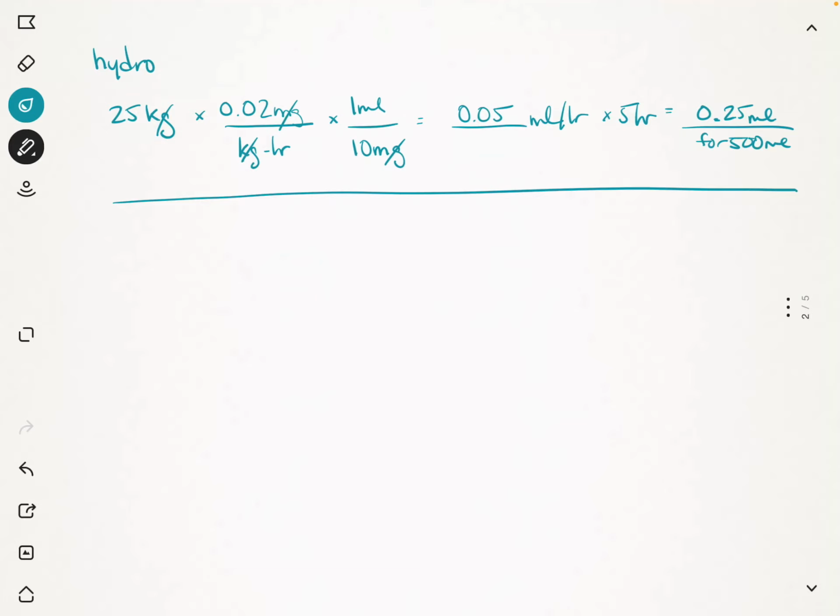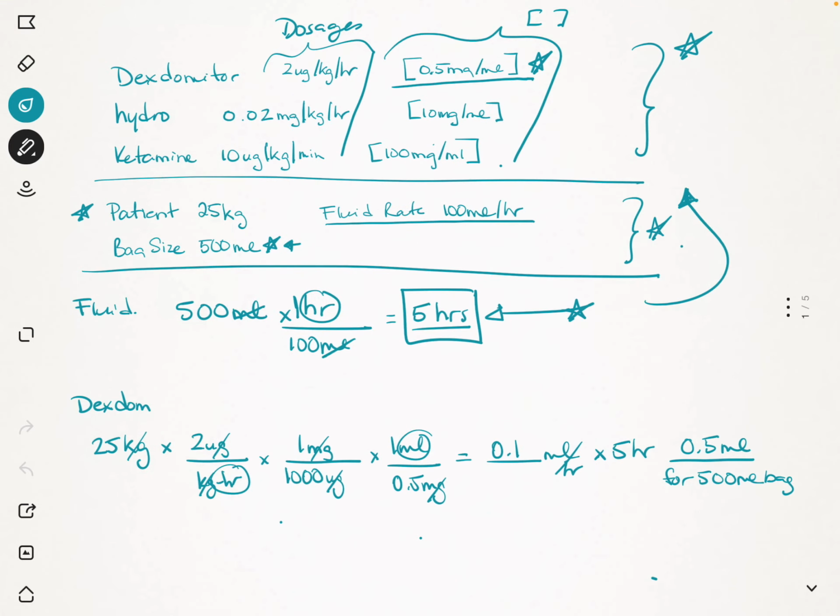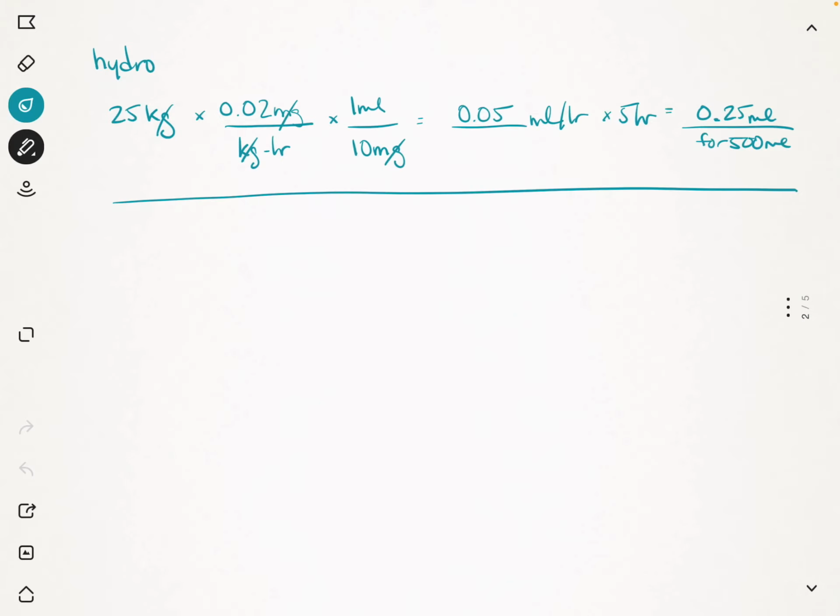So our next drug was ketamine at 10 micrograms per kilogram per minute. Okay. And because we're trying to figure this out for a number of 5 hours, let's go ahead and say there are 60 minutes in 1 hour.